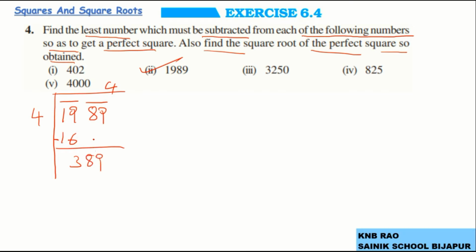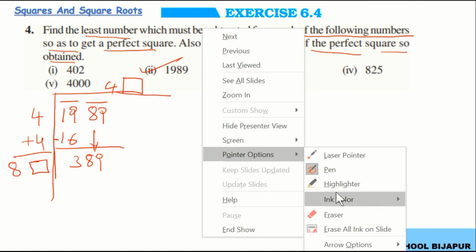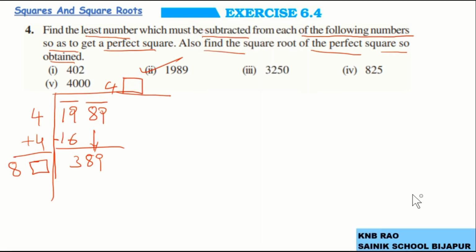and 89, that next pair comes down. Here 4 added to 4 gives me 8 and the tens place digit is 8, and I have to choose the next appropriate digit. Let me change the color. Here I have chosen the next number by trial and error, and that box should be filled with any one number from 0 to 9.